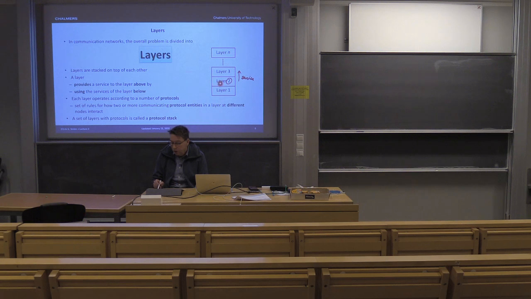And layer 2 uses the services of layer 1 to perform its tasks. So layer 2 interacts with layer 1 in order to provide the service to layer 3. So we provide services up in the stack and we use services down the stack.